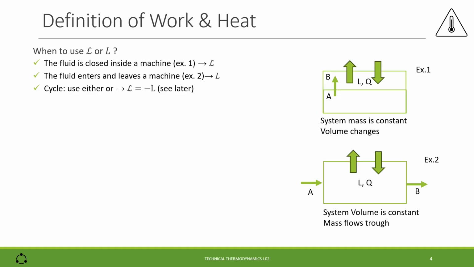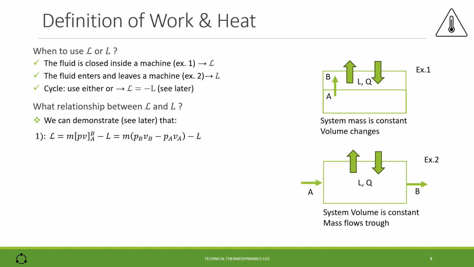In a cycle, we can use either the thermodynamic or the technical work, since we have this relationship that we will demonstrate later on. Generally, for any transformation, we can demonstrate the formula number 1.